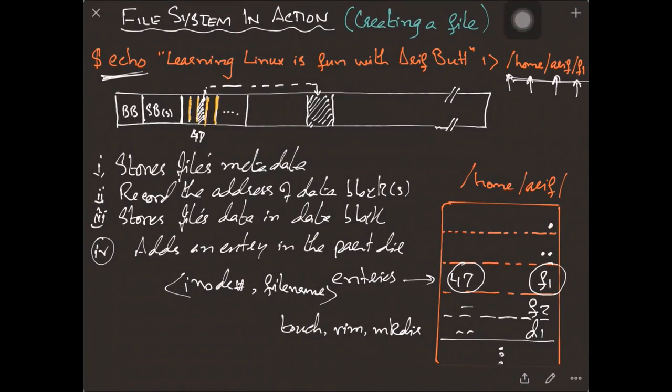Then we have seen the file system in action. We have given a command to create a file, and we have understood that whenever a user creates a file, the kernel stores the file's metadata in an inode block. It stores the file's data in a data block. It records the address of the data blocks in the inode block, and finally it puts an entry inside the parent directory, and that entry normally contains an inode number and the file name.